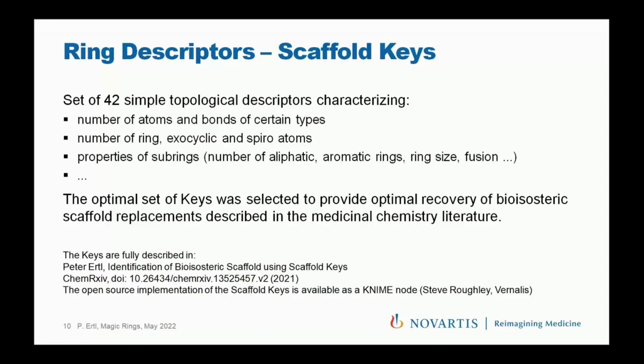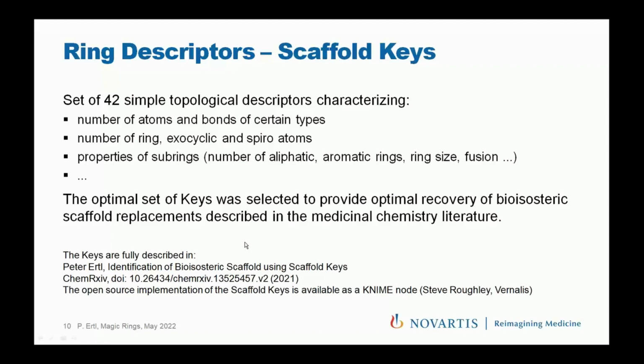Basically, I selected this set of 42 parameters, which provided the most optimal recovery of bioisosteric scaffolds described in the medicinal chemistry literature. I told you that we developed these scaffold keys at Novartis. This was an internal development. The technology is fully described in this article.